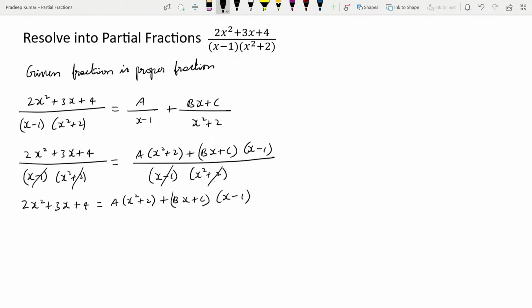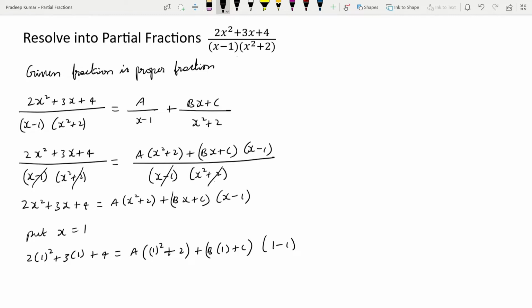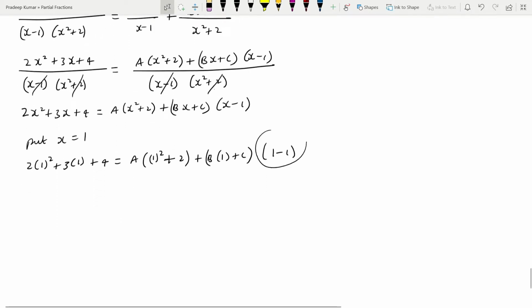In this part, we substitute x = 1 in the above equation. In place of x, I'm substituting 1. We get 2(1)² + 3(1) + 4 equal to A(1² + 2) plus the remaining part, (B(1) + C)(1 − 1). Here we can observe that 1 − 1 is 0, so all of this part will become 0. So we can write only this term.